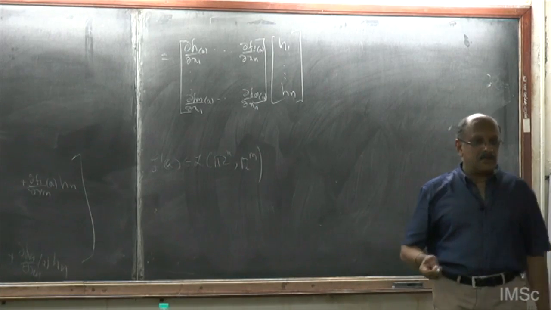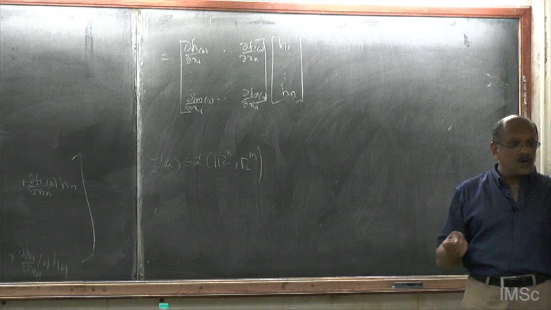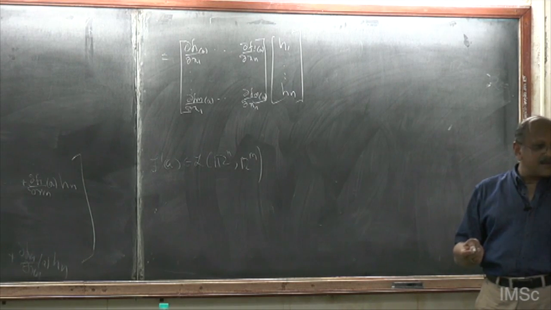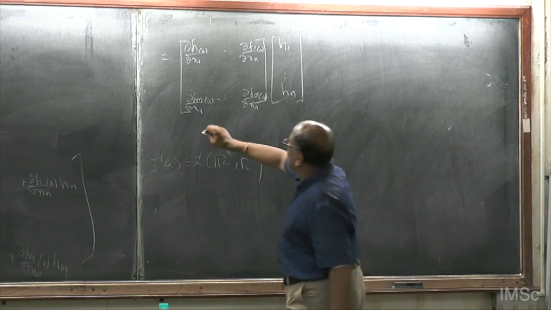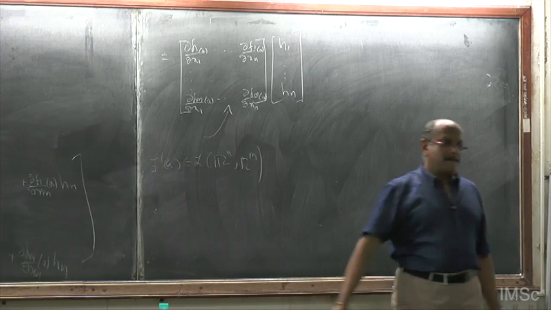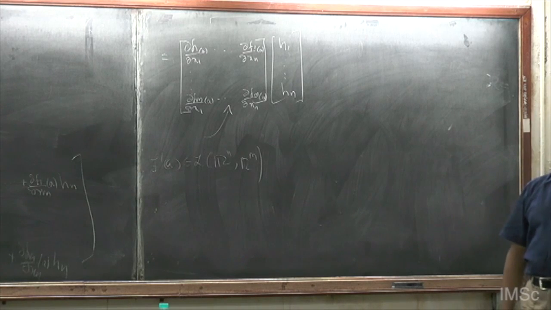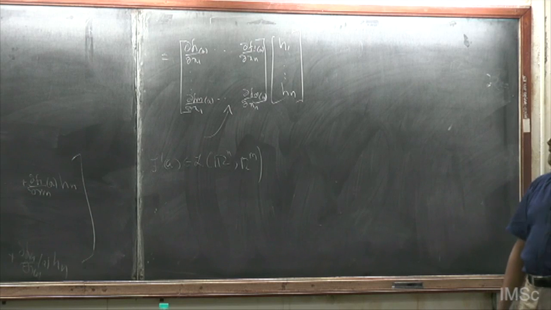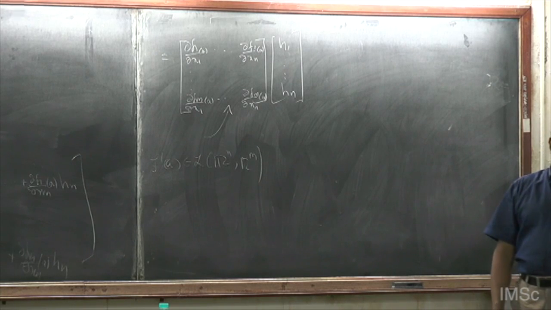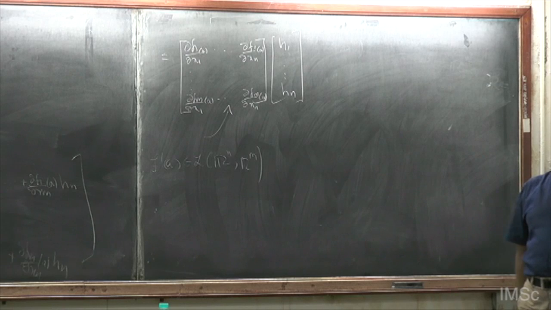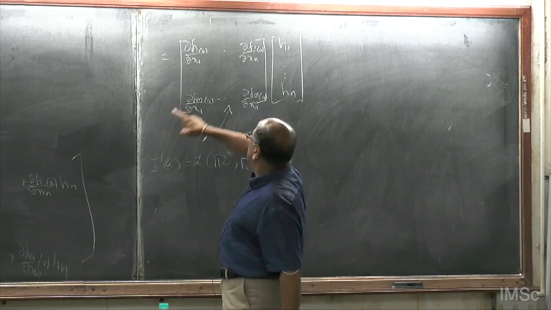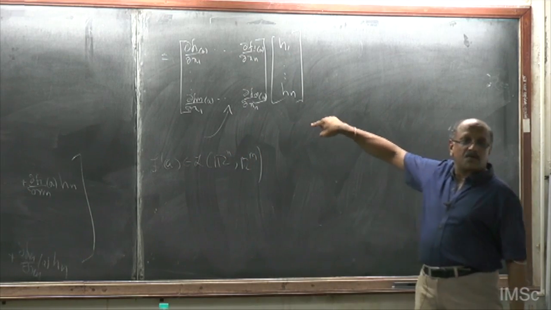The derivative should be a linear map from Rn to Rm. Therefore, it can be given by an m cross n matrix, and this is the m cross n matrix, called the Jacobian matrix. So, f dash a at h is a vector which is given by the product of.